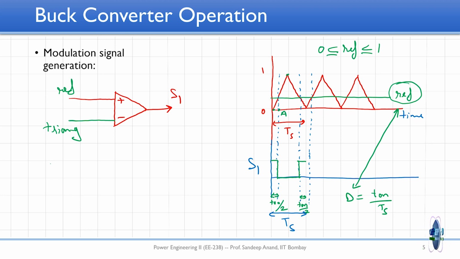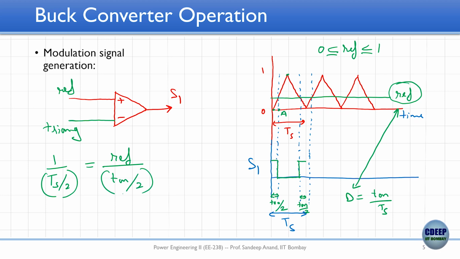So, I can write 1, which is the peak value, hits at Ts by 2, which is the slope of the straight line, is equal to the reference value which it hits at T on by 2. Is that okay? Just equating the slope. Now, I can replace T on by Ts as duty cycle. So, let me take T on this side. What you get is duty cycle is nothing but equal to the reference. Okay? Any question?